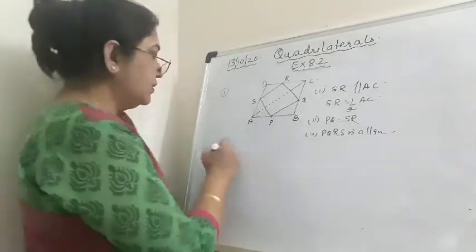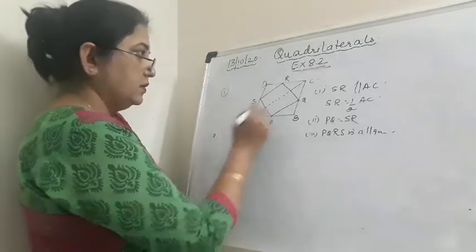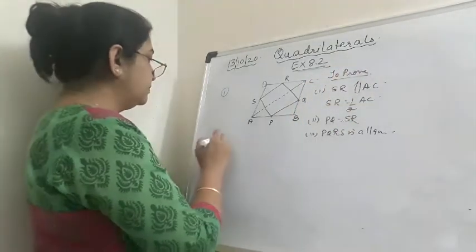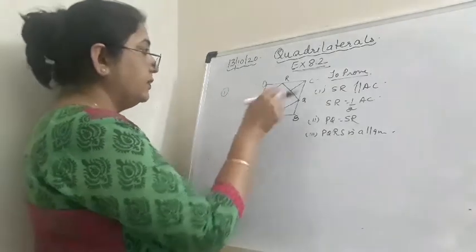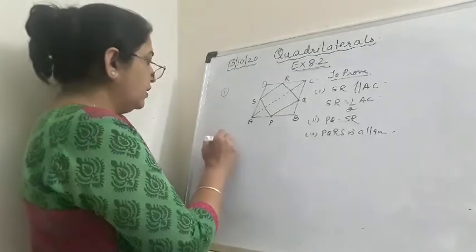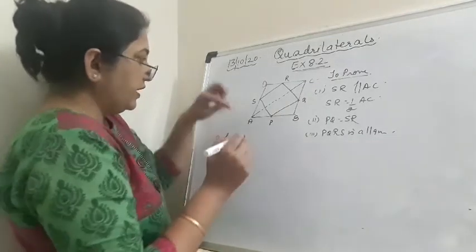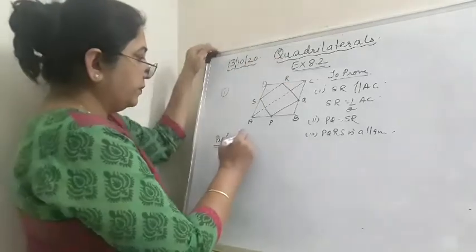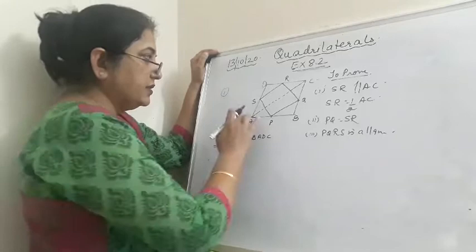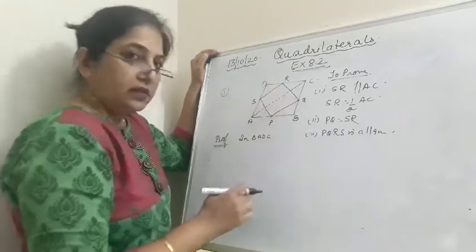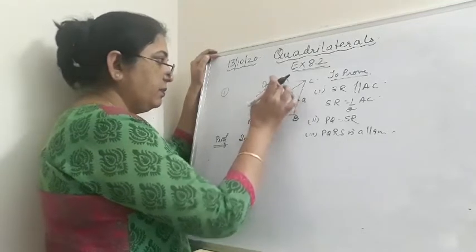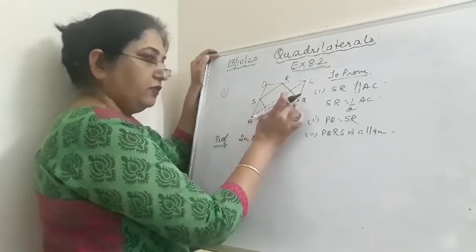Now, given: ABCD is a quadrilateral and these are all midpoints, so you can write the given conditions. Now if we take triangle ADC, since S and R are the midpoints, this line segment will be parallel to AC and half of AC.